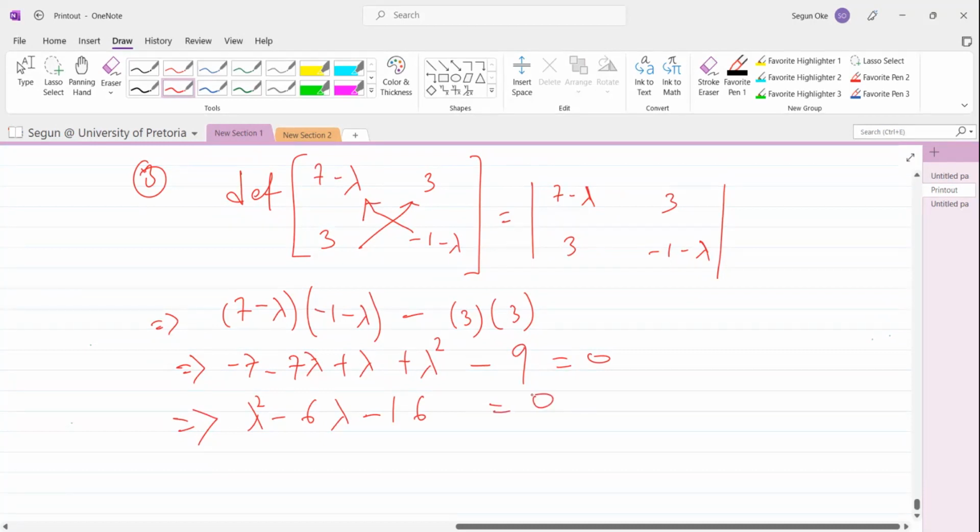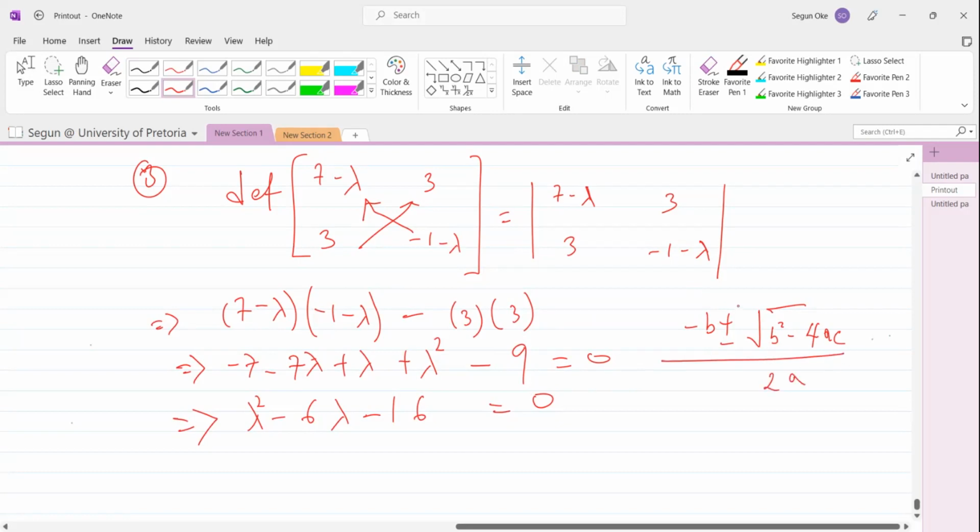Yes, Christina. Sir, please, where is this 0 coming from? We are looking for lambda. Remember when you are solving a quadratic equation, you have minus b plus or minus square root of b squared minus 4ac, everything divided by 2a.